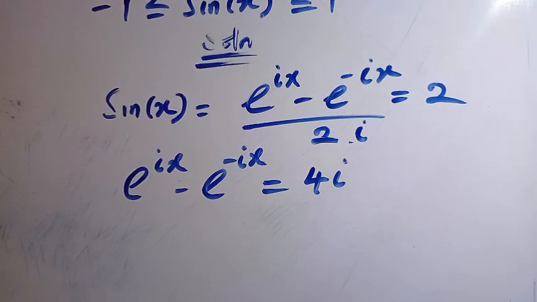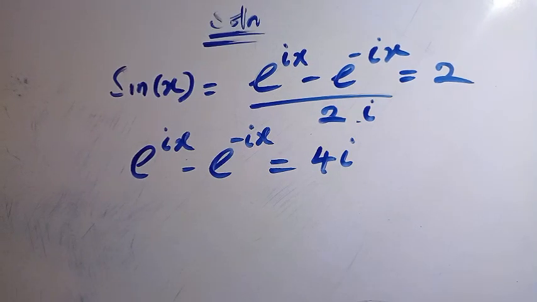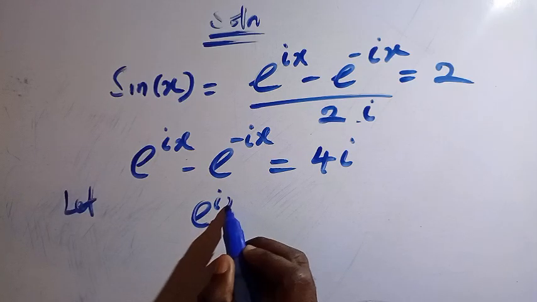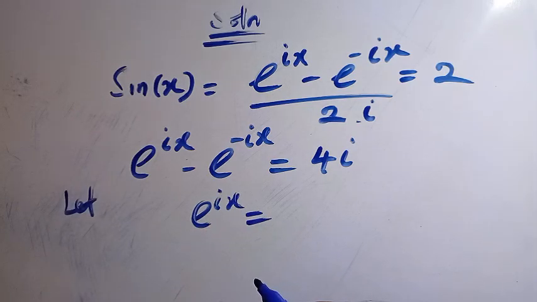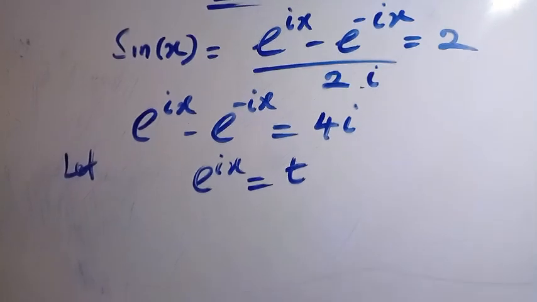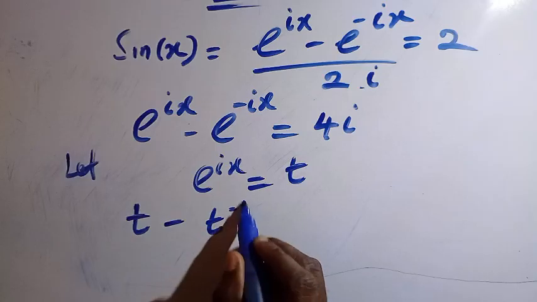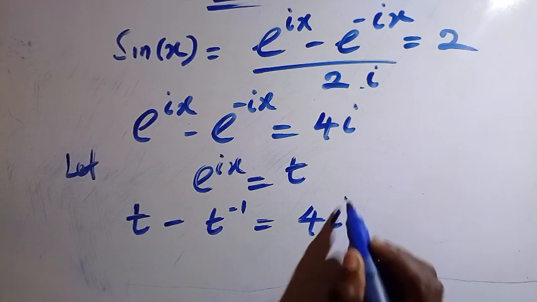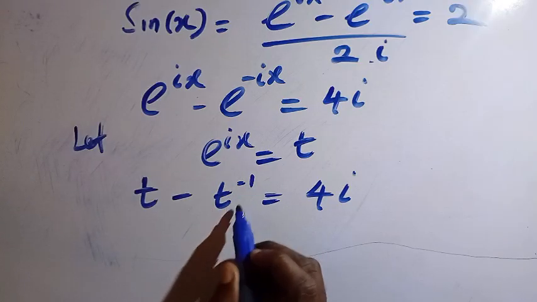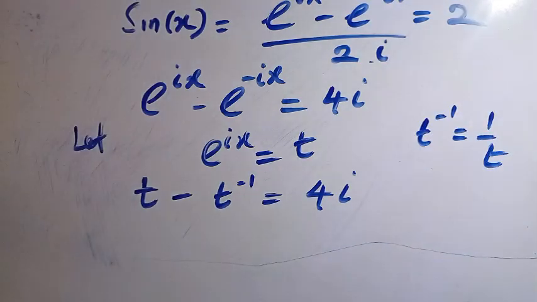And with this, I need to get the value of x. What I will do now is let exponential of ix equal t. Then we are going to replace it as t minus t raised to the power minus 1 equals 4i. For t raised to the power minus 1, this equals 1 over t.